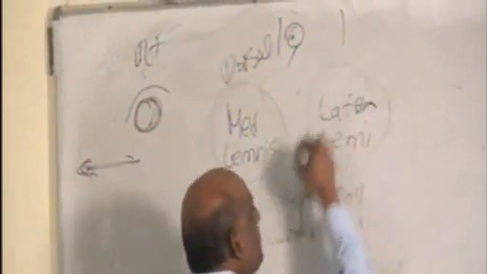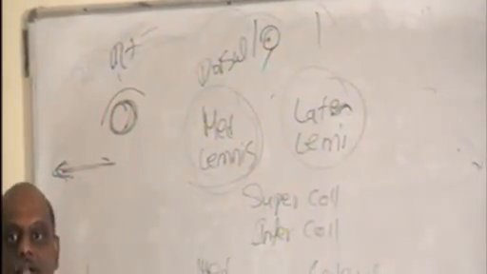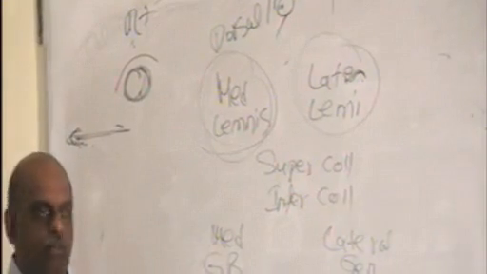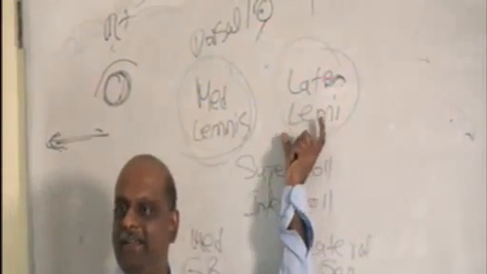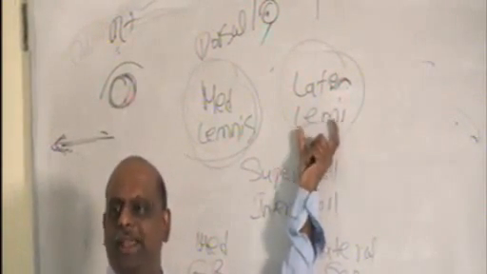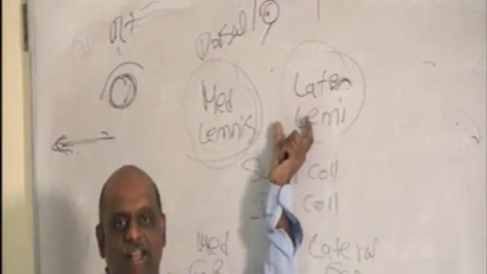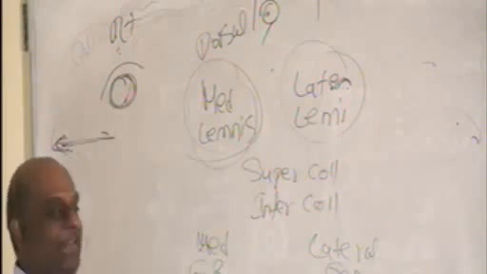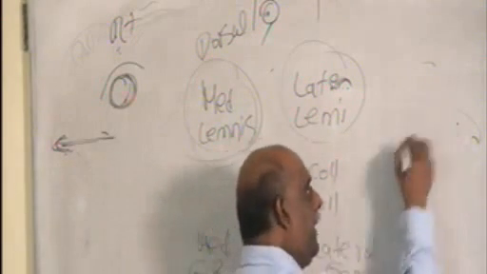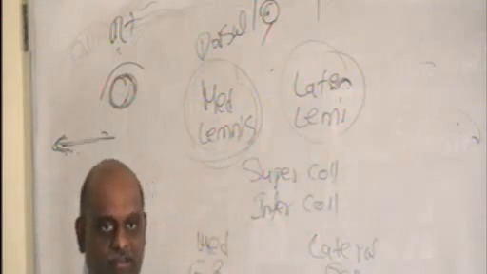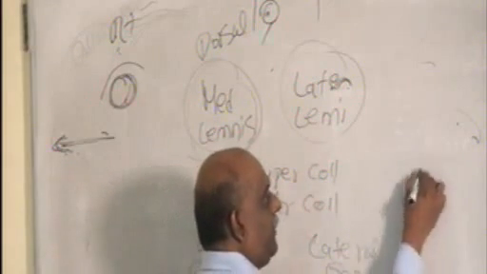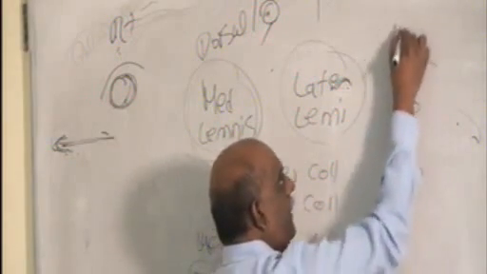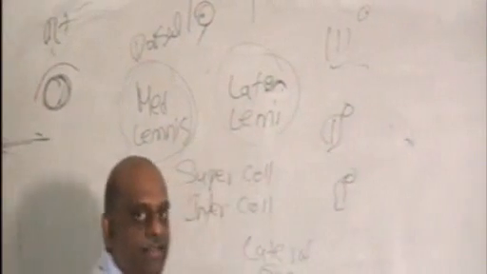Now what is the lateral lemniscus? Typically in the auditory pathway, what is the meaning of lemniscus basically? Why do we call it lemniscus? Because the knee joint has a meniscus. In any sensory pathway, you have first order neurons, second order neurons, third order neurons, right?